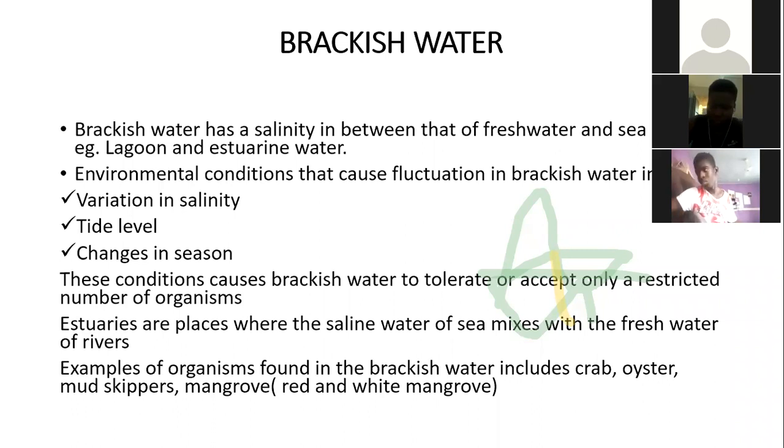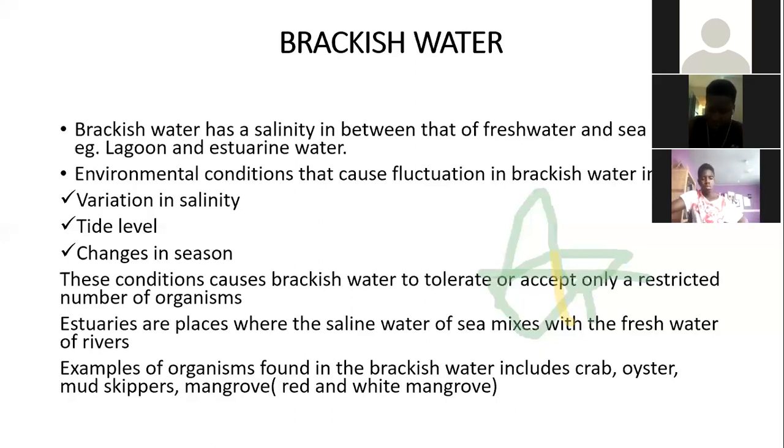Examples of organisms that can be found in brackish water include crab, oysters, mudskippers, a form of fish, and mangrove. The mangrove is a plant that is found on water.